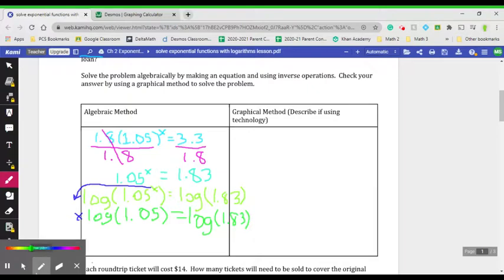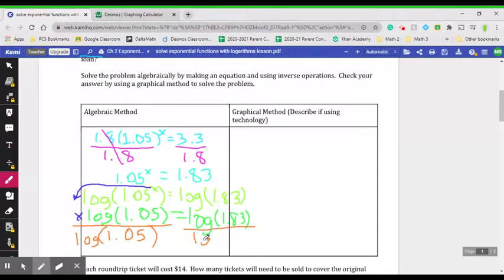As our last step, we're going to divide both sides by this logarithm of 1.05. So we're dividing by the log of that, and the same thing over here.